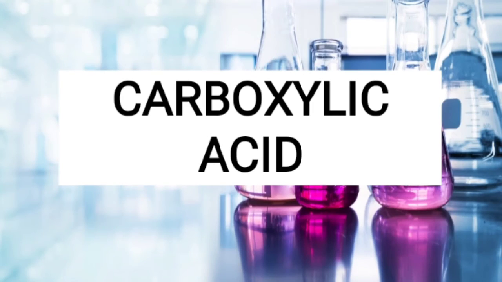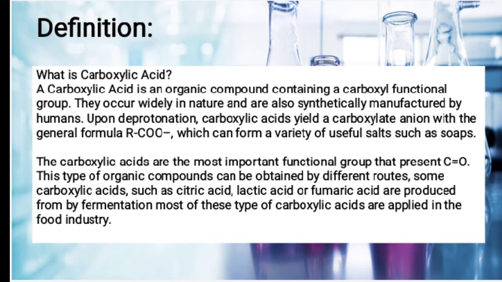Next one is the carboxylic acid. So what is the carboxylic acid? It is an organic compound containing a carboxyl functional group. They occur widely in nature and are also synthetically manufactured by humans. Carboxylic acids are also the most important functional group that presents the C=O.